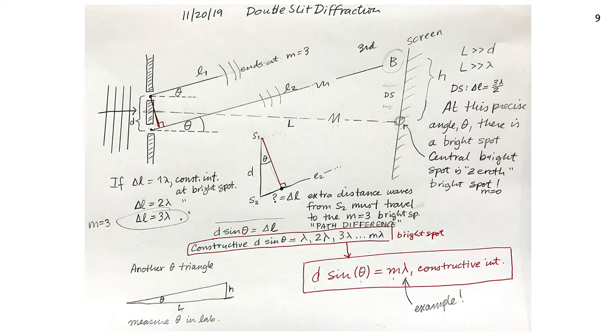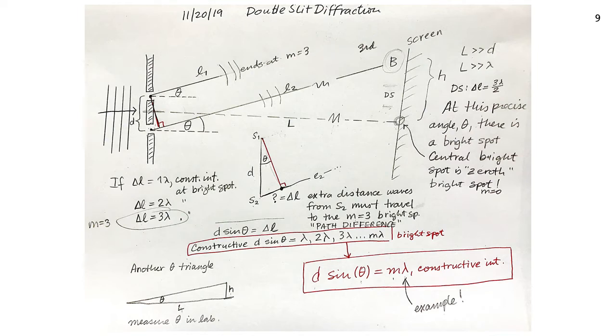So let's call this a DS, a dark spot. That's the m equals 2 dark spot, and that corresponds to delta L equals 3 lambda over 2.